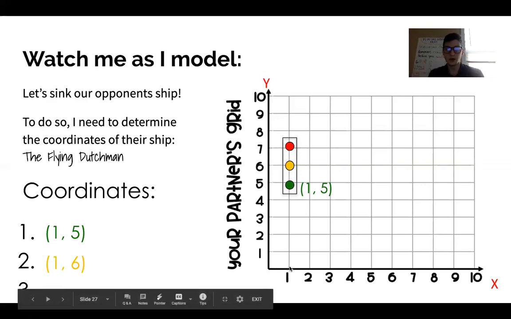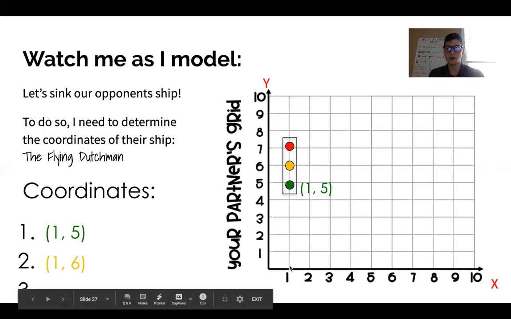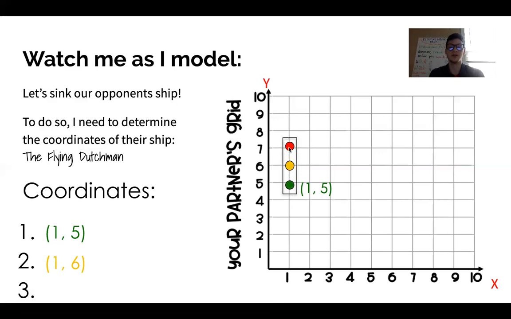Oh, okay. So again, 1. My x-coordinate is 1. Now I'm going to see how much I walk up my y-axis to determine my y-coordinate. So 1, 2, 3, 4, 5, 6, 7. Telling me that my coordinates for the red point are 1, 7.